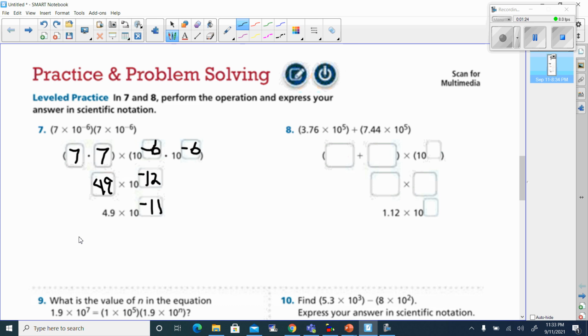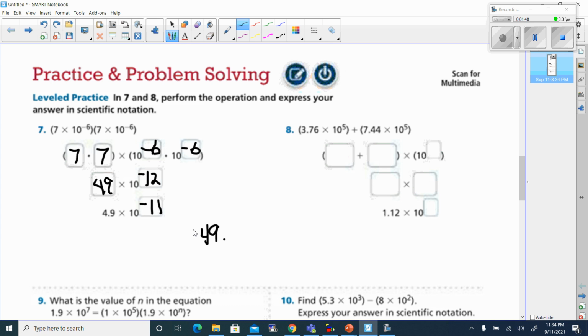You might be thinking, why are we taking it away? Let's think about the number. This is going to be 49, right? And then it's going to have 12 zeros. So let's put this in the right perspective. Here we got 49, and the decimal would be here.